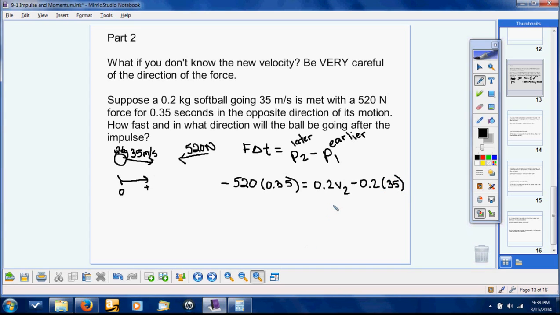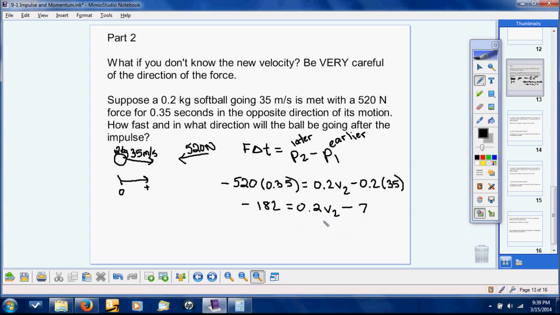Now we need to figure out the new velocity of the softball based on this information. Let's take our 520 times 0.35 and find that our impulse is negative 182. And we have 0.2 times the unknown velocity minus 0.2 times 35, which is 7.